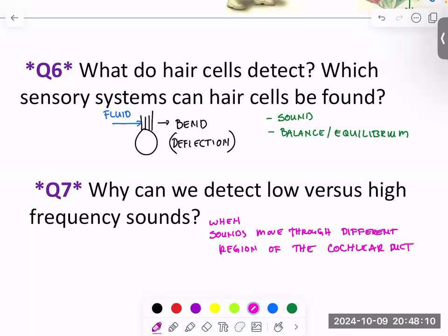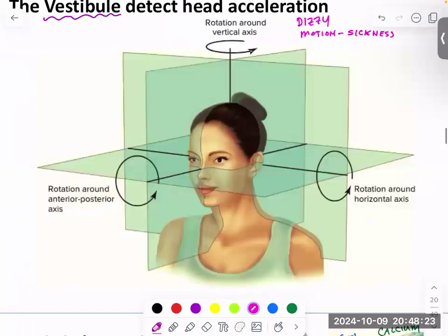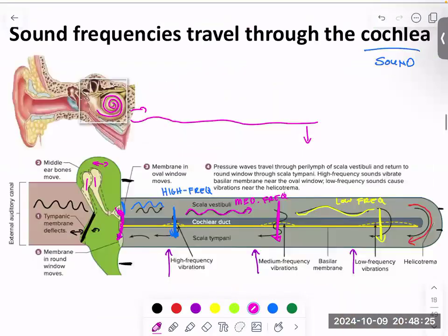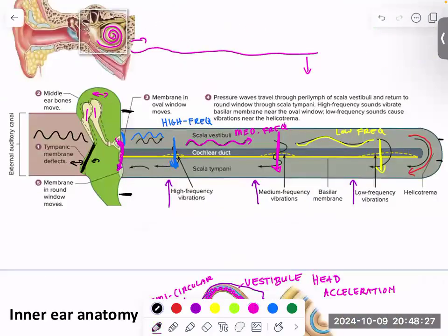And what I want you to understand is as the sound moves through the cochlea, I'm going to go back a couple of slides. It cuts through the cochlear duct. Here it is, right here. As the sound moves in this direction, it will cut through the cochlear duct at some point.